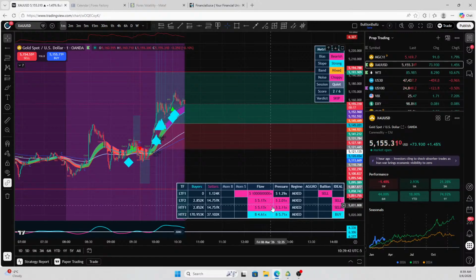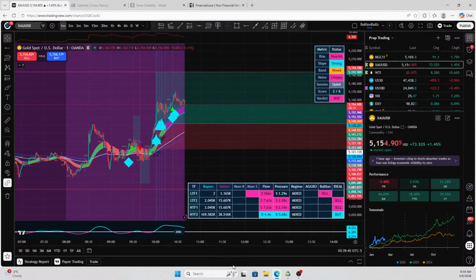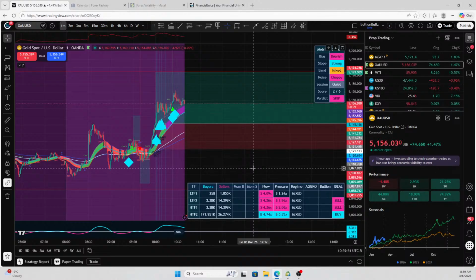Right now, even high time frames are starting to become bearish. But the pressure is still above 2.